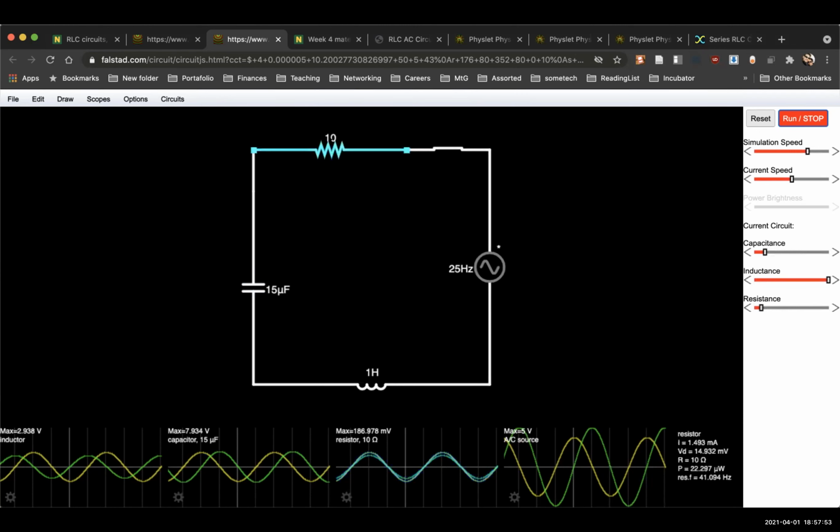We could think of the resistor as a task that needs to be performed. We could think of the resistor as a load, some job to do.